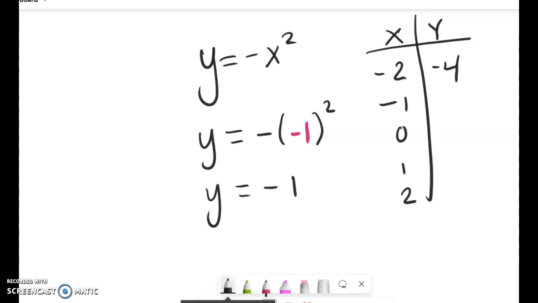Negative 1 squared will become positive, and this will be negative 1. 0 will just give me 0. When I put in positive 1, 1 squared is 1, and then the opposite of that is negative 1. So here are my points.